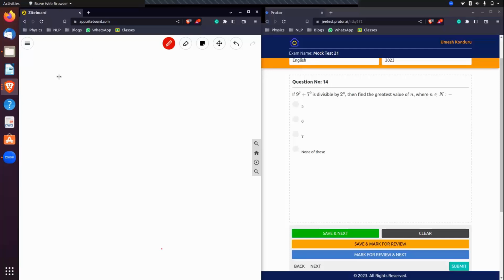Another useful tool you can learn, I don't think you can use it in this question, is modular arithmetic, which will help you solve such questions pretty easily. So here, 9 and 7 are 1 above 8 and 1 less than 8.